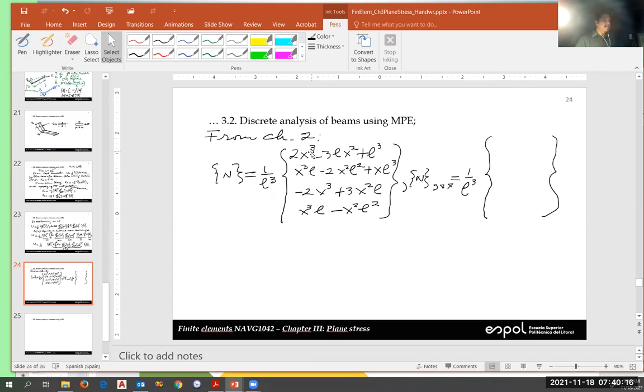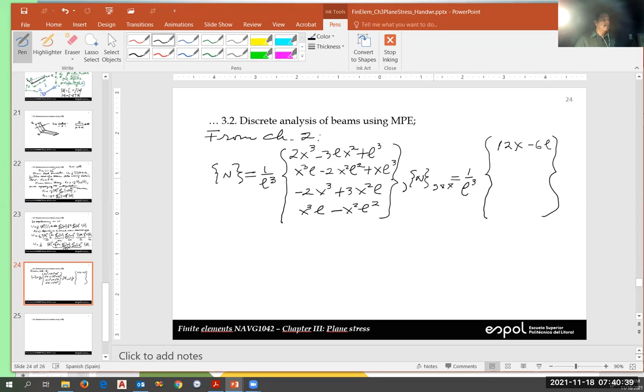So the first element, we get what? We get 3 times 2, that's 6, and 2 here, that's 12, right? So it's going to be 12x. And from here, I got a 2 minus 6L.